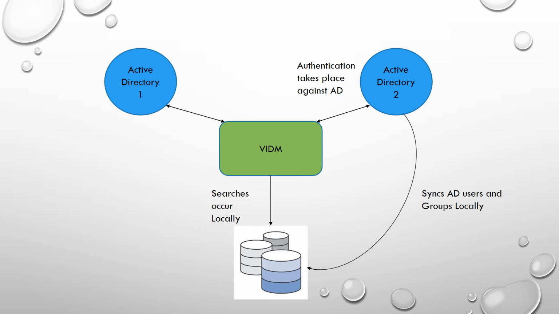The VIDM syncs the users and groups from Active Directory and keeps a copy locally. So whenever a user tries to log in, it searches them locally instead of searching them in the AD, what SSO appliance used to do. This significantly reduces login times, although the authentication will still take place against the Active Directory.